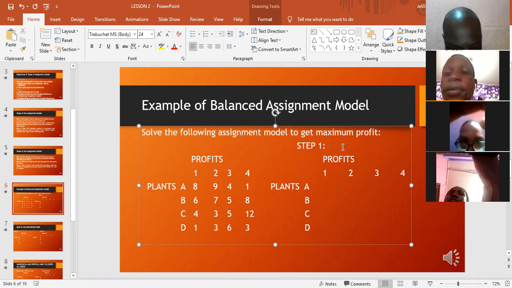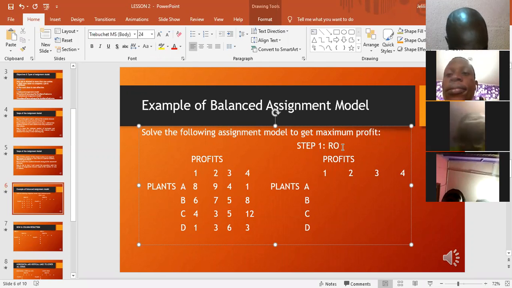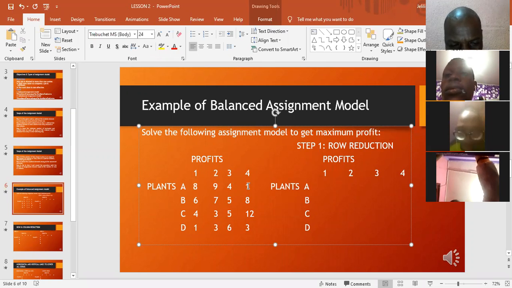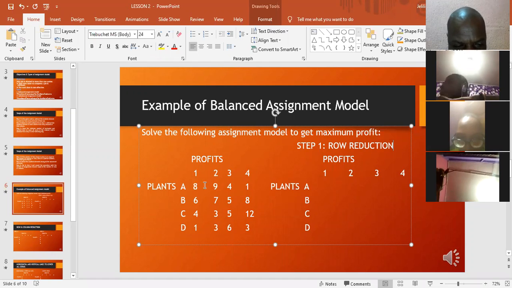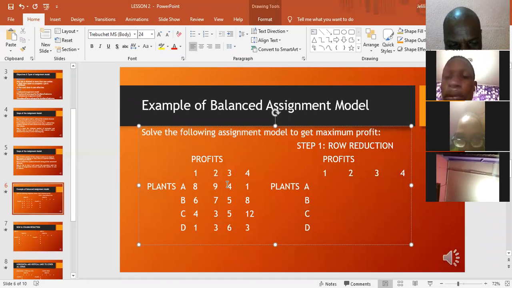So let's call this one row reduction. The smallest element in the first row is 1. So we have to minus 1 from 8, from 9, and 4. So 8 minus 1, we have 7.